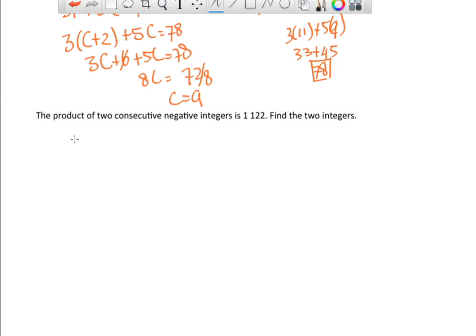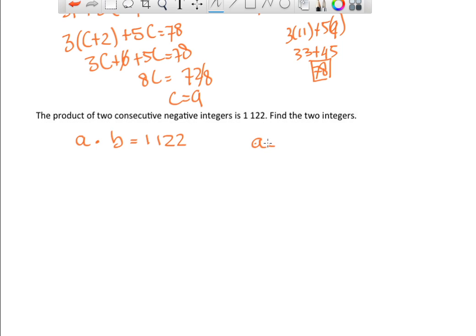So we have integer A and integer B, and the product of those two is 1122. Well, what else do we know? If integers are consecutive, then consecutive negative integers will look like this.